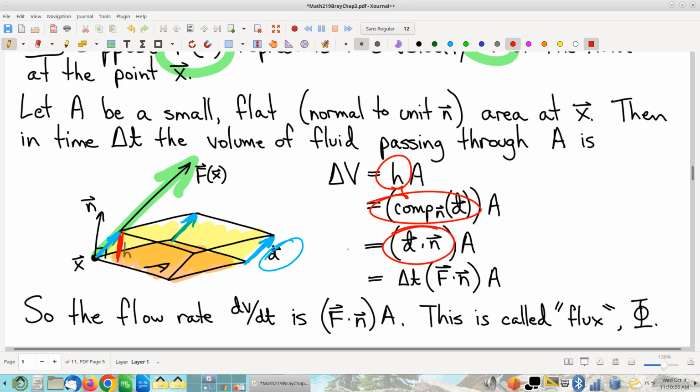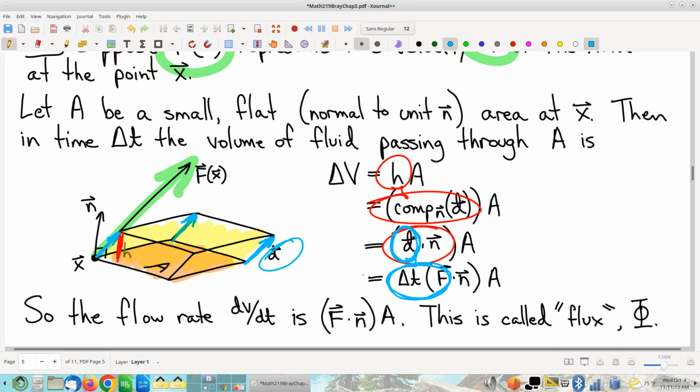And then let's see here. That displacement vector is velocity times time. And keep in mind, that's what the field vector is: the velocity. So displacement equals velocity times time gives me that.